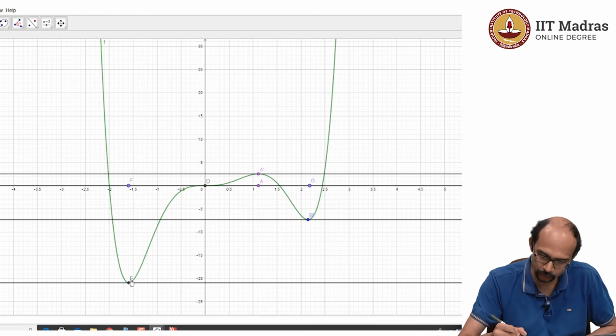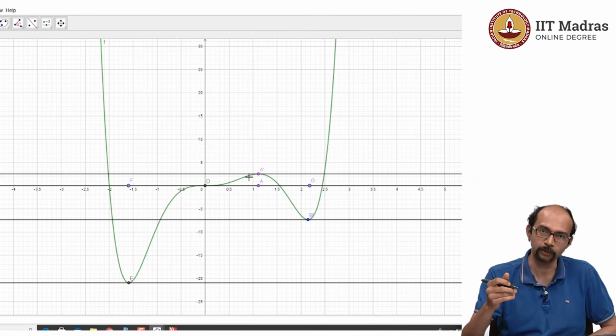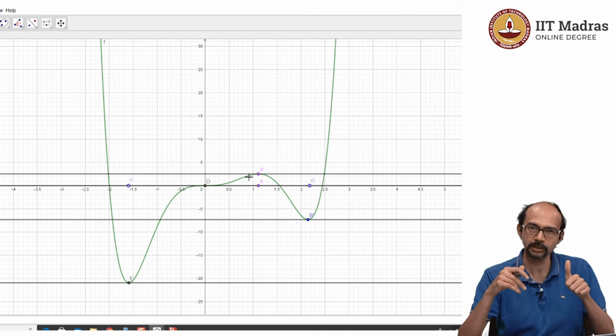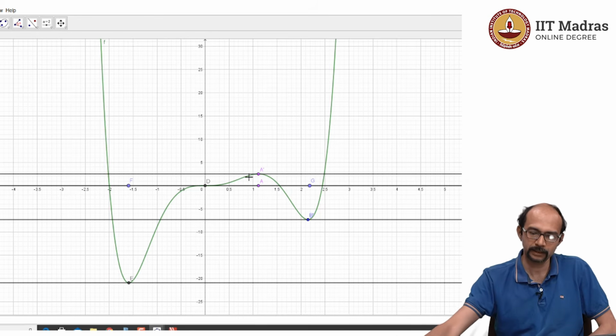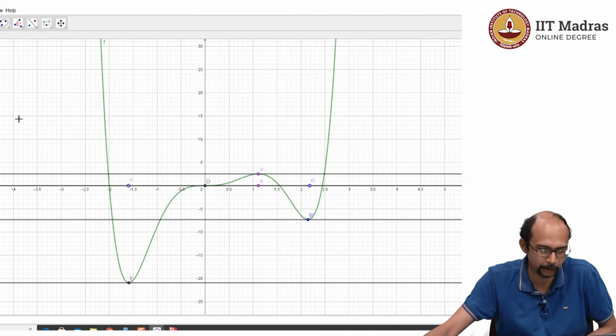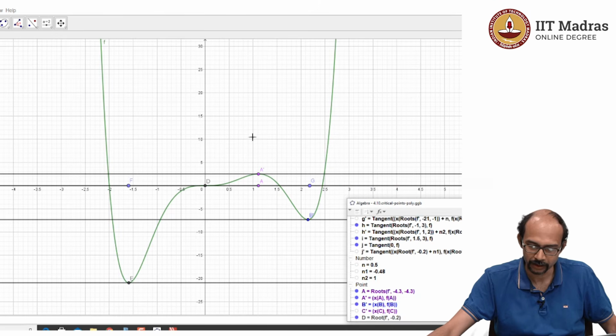So, between E and D it is concave below and between D and A it is concave above. There is some change which occurs and that change is really what is reflected by this point. And whenever such a thing occurs, such points are going to be saddle points.